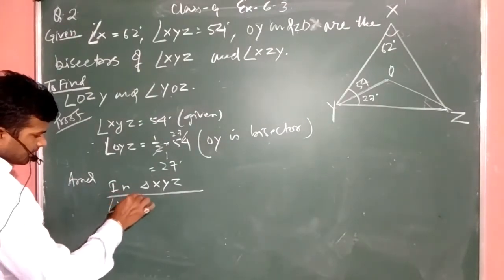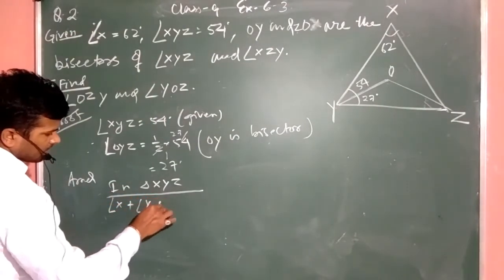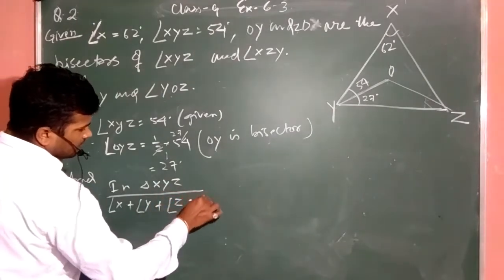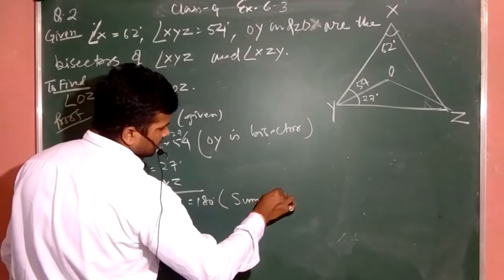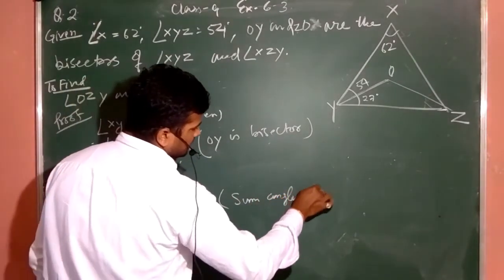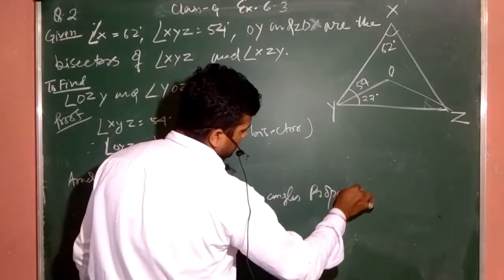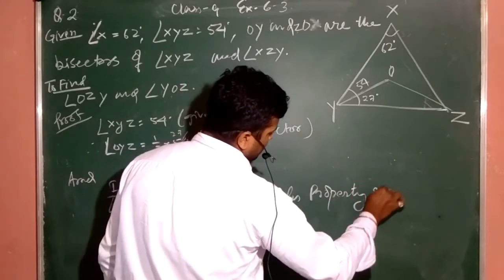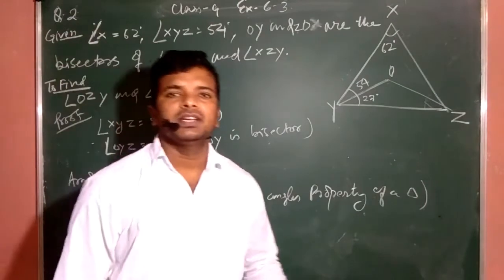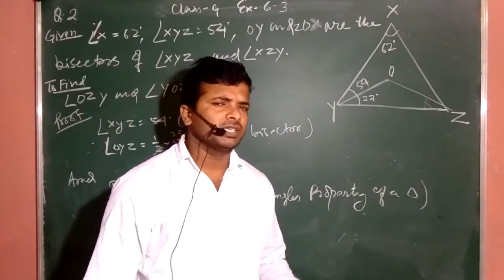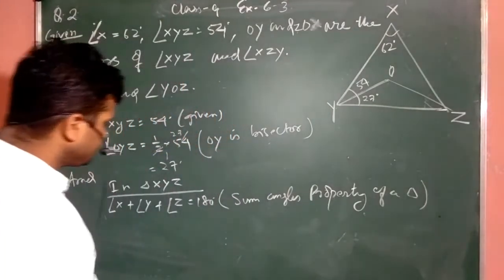Angle X plus angle Y plus angle Z is equal to 180 degrees. Why? Sum angles property of a triangle. That means the sum of the three angles of a triangle is 180. That's why it is 180.